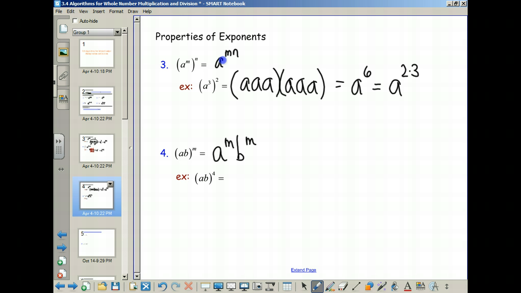Okay, so this is the property that we learned two slides ago. AB to the 4th means I have AB times AB times AB times AB. Right? That's what the power of 4 means.